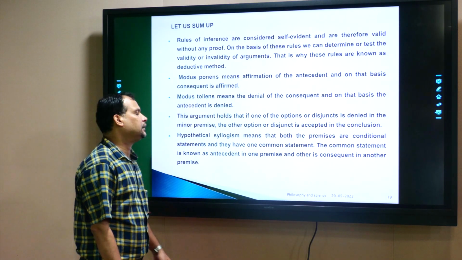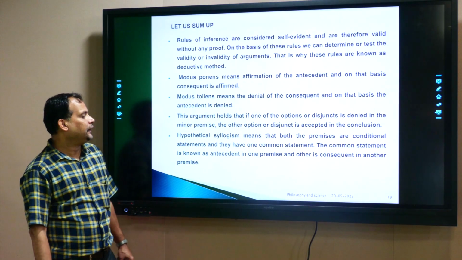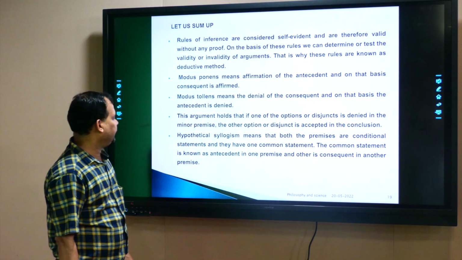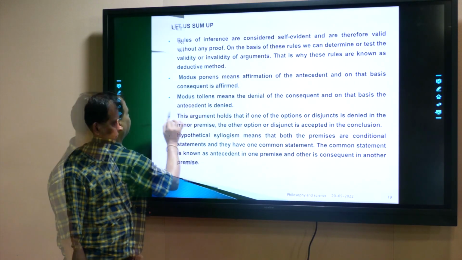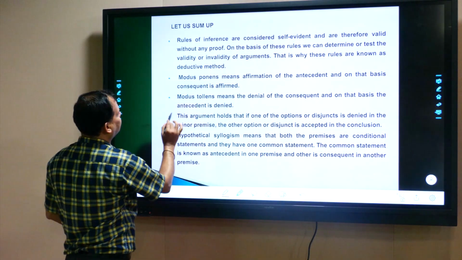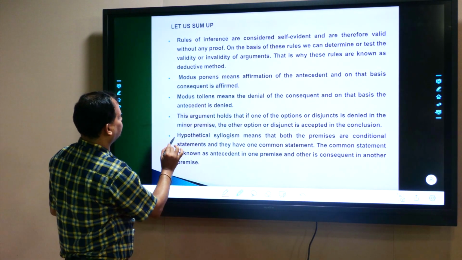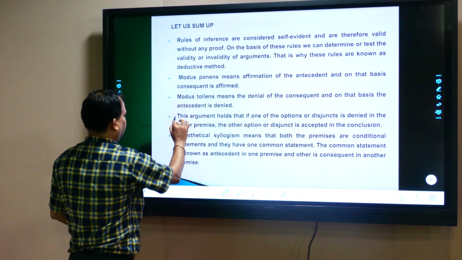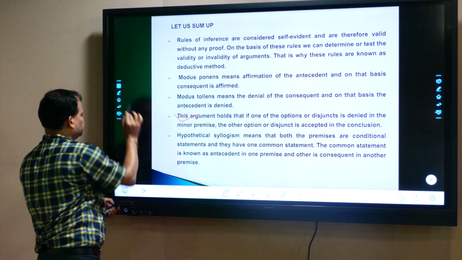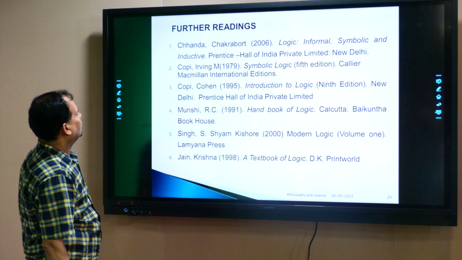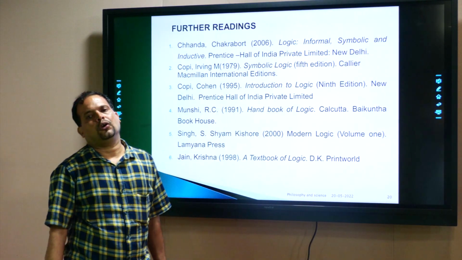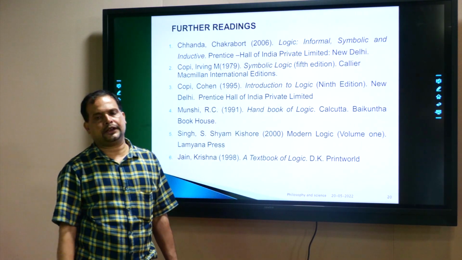The common statement is the antecedent in one premise and the consequent in the other premise. So this is all about the basic points of rules of inference, dear learners.